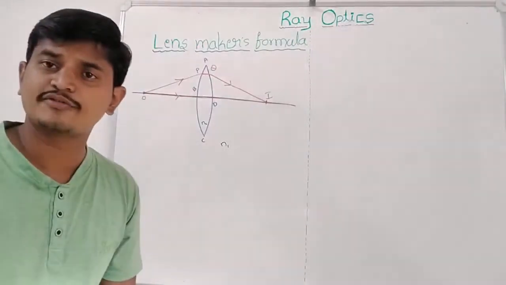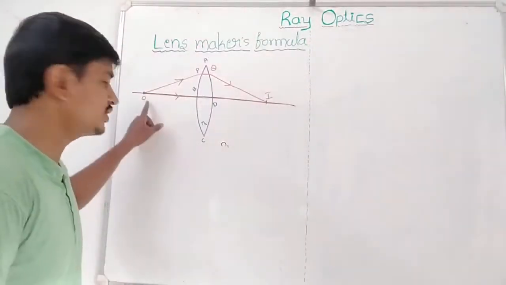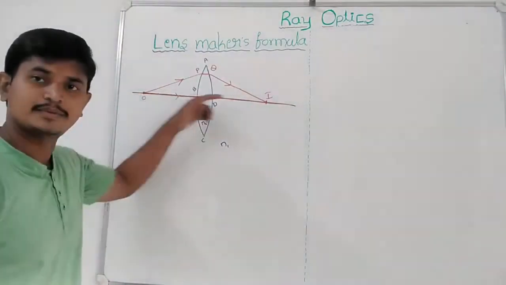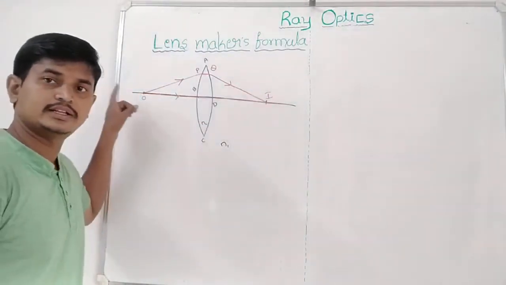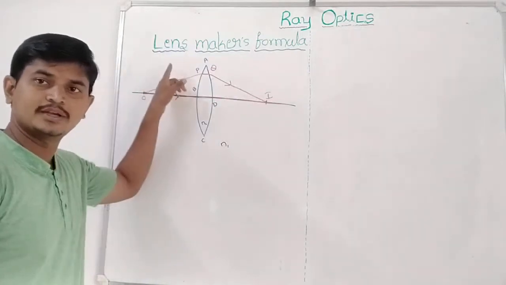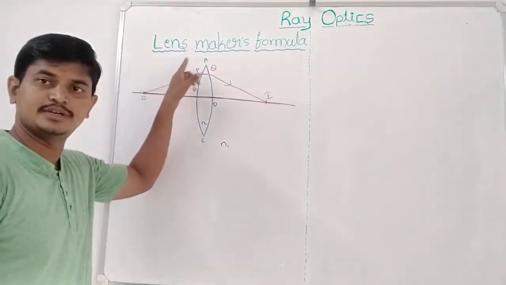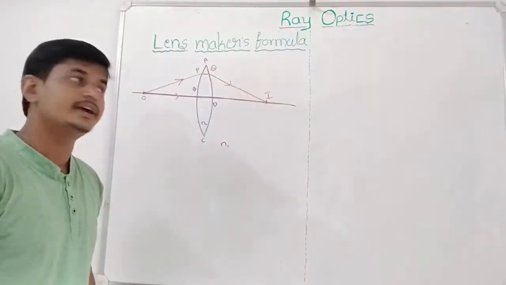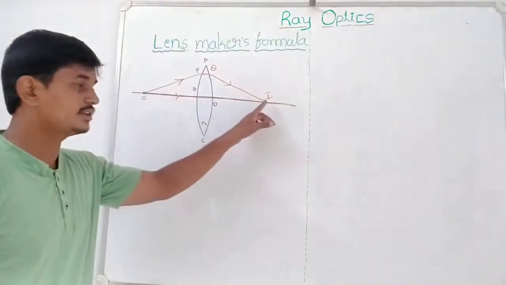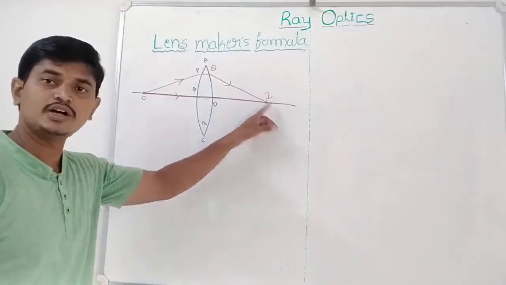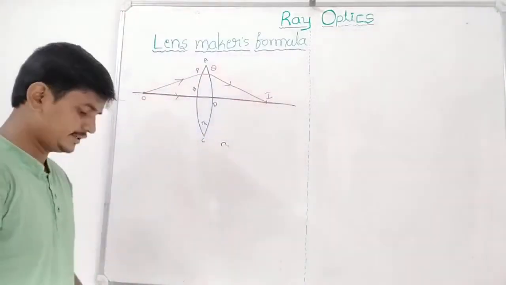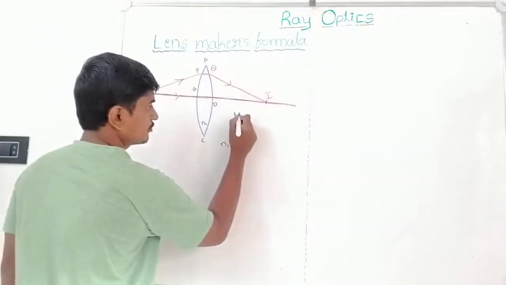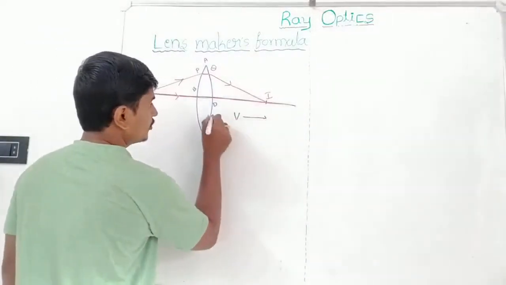Two rays are emerging from O, which is the object here. One ray is along the principal axis and another ray is OP, refracted as PQ, and emerges as QI. Finally, this is the real image of the object O at a distance V from the optical center.